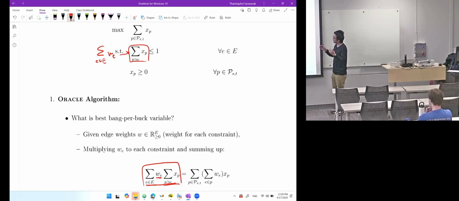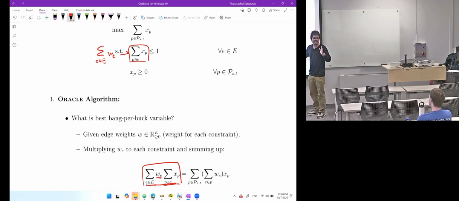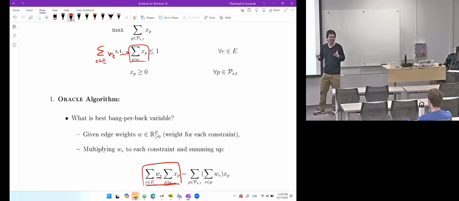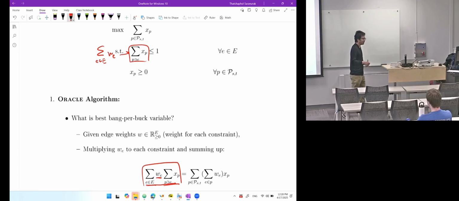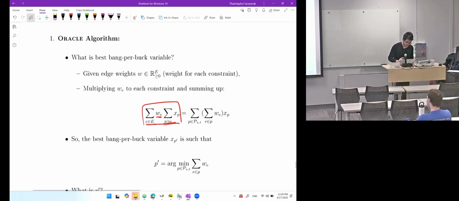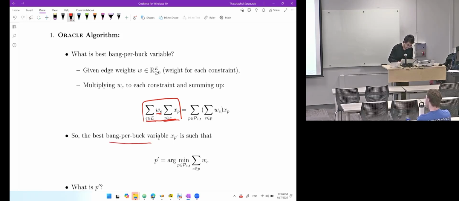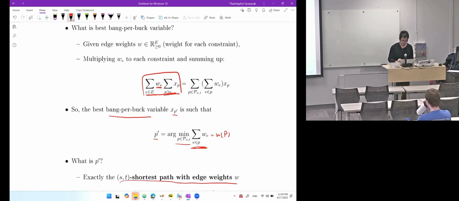So you see, even though this LP is exponentially large, when you look at the oracle problem, it's just a polynomial time problem. That can happen, and it's going to be useful many times. That's why this framework is quite nice. So the best bang per buck variable x_p is just the path p prime such that the weight of this path is minimized, which is just the s-t shortest path when the weight is w.